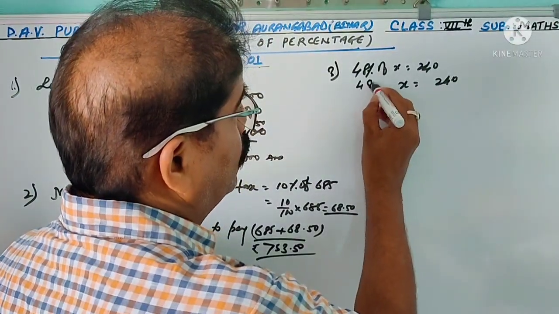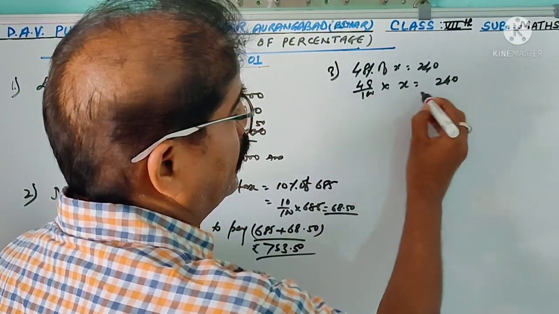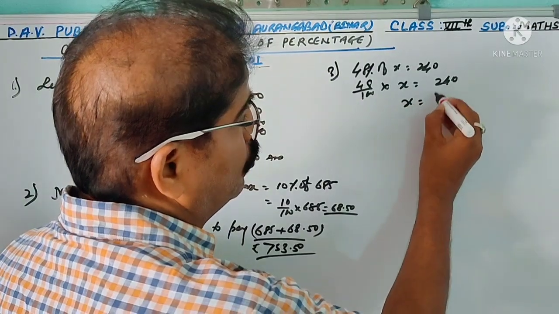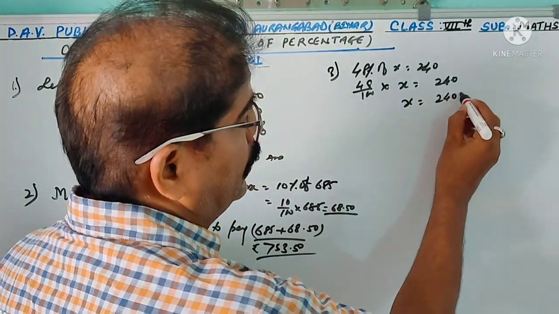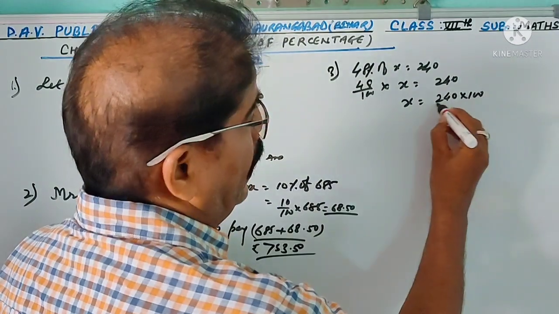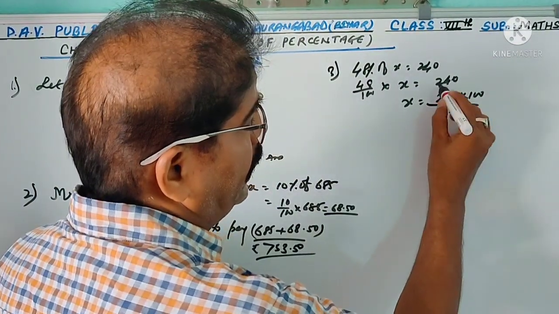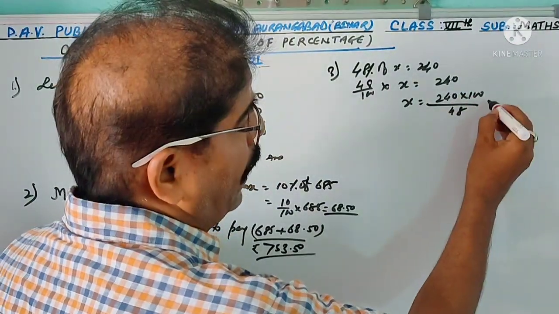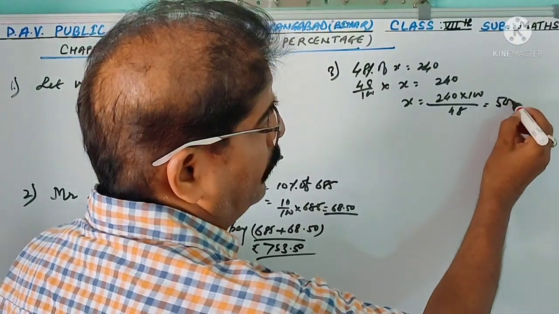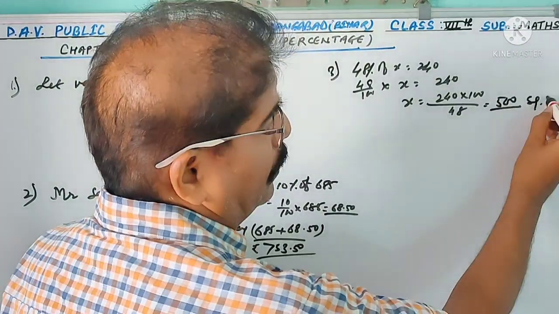That means 48 by 100 into X equals 240. So X equals 240 into 100 by 48, that is 500 square feet.